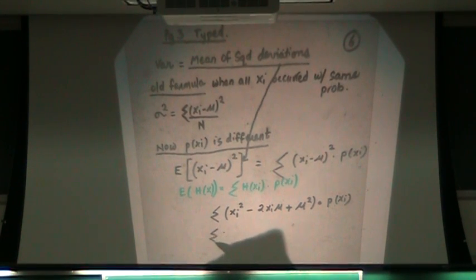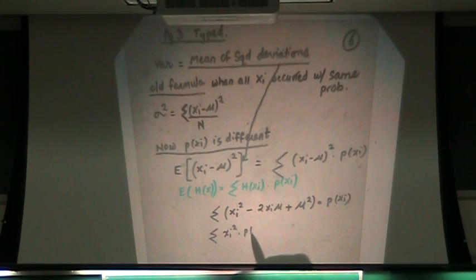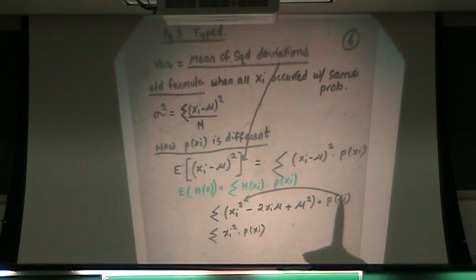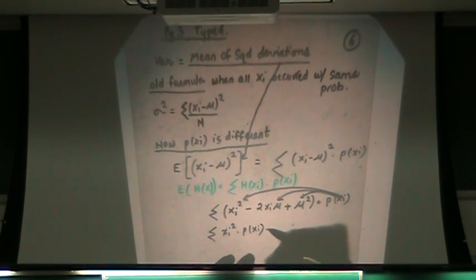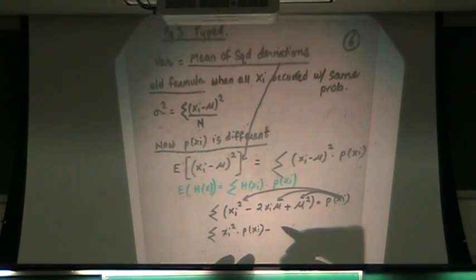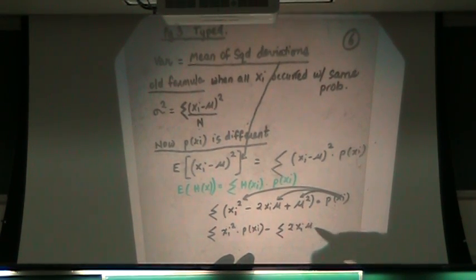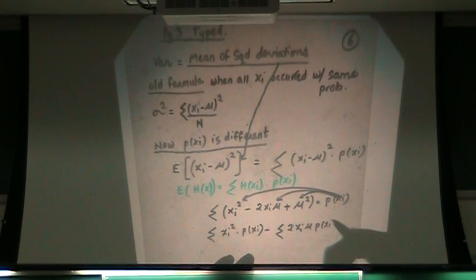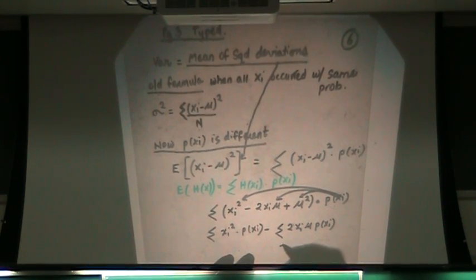So this would be summation xi squared P of xi, minus summation 2 xi mu P of xi, plus summation mu squared P of xi.